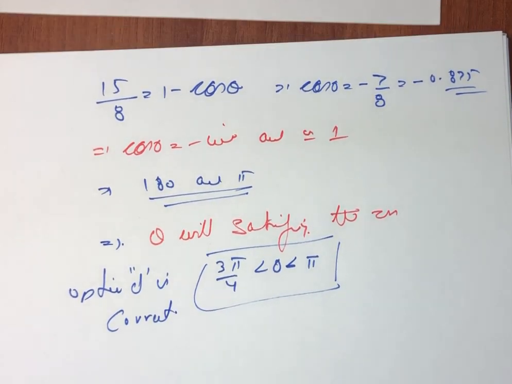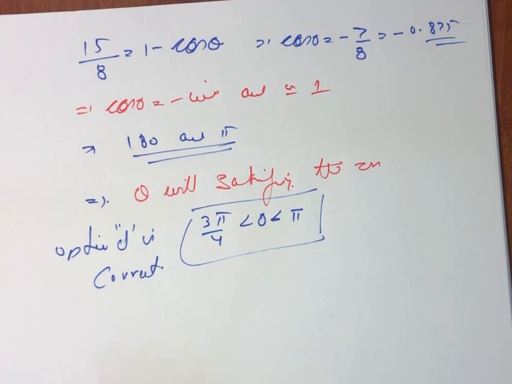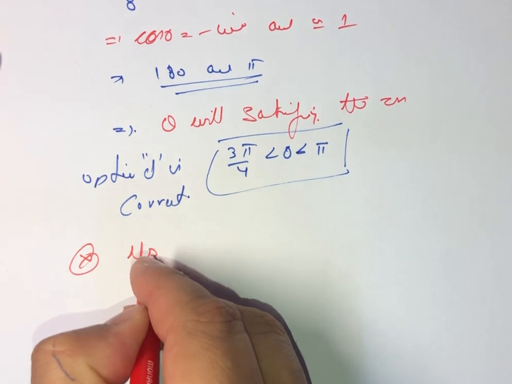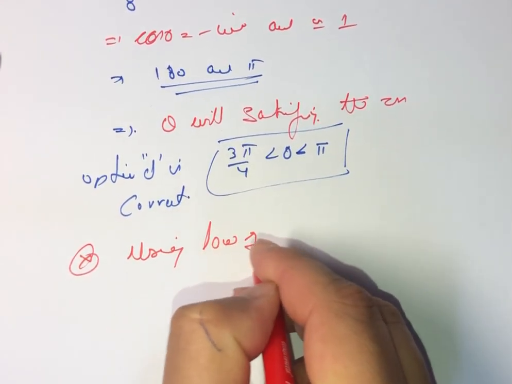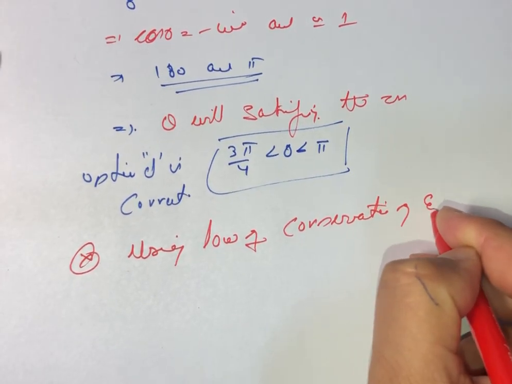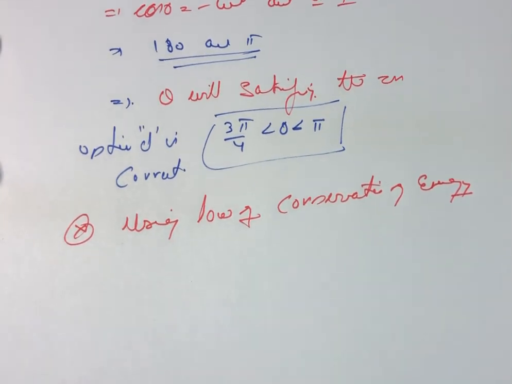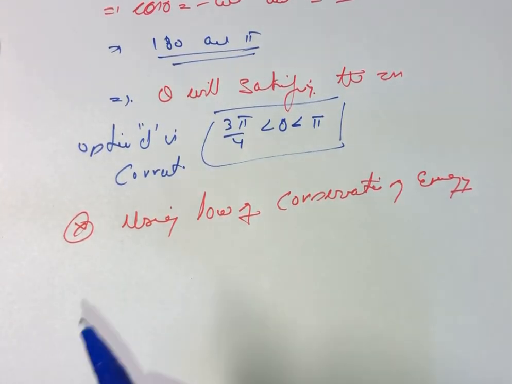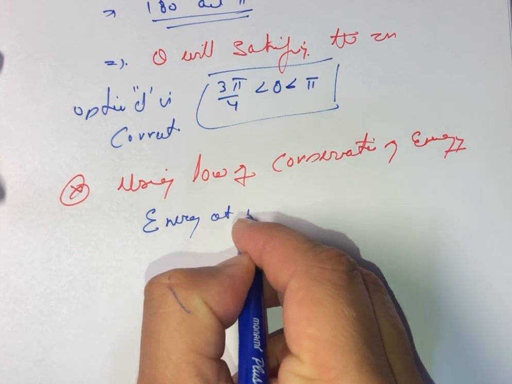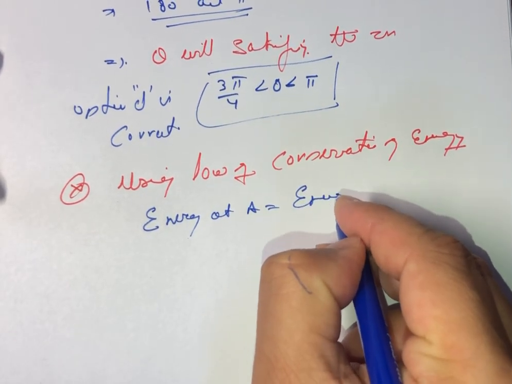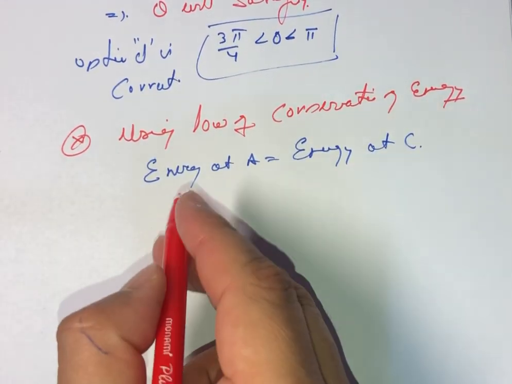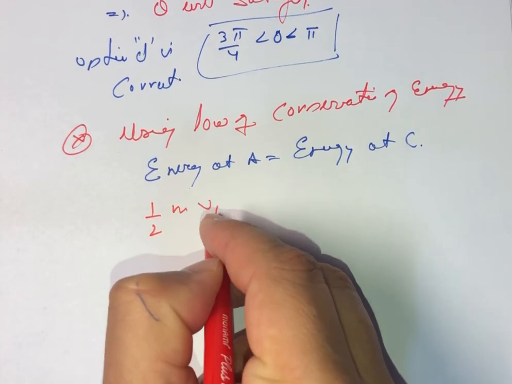This was using the equation for kinematics. We can also use the law of conservation of energy, which states that energy at point A will be equal to energy at point C. Energy at A will be equal to half m v1 square.